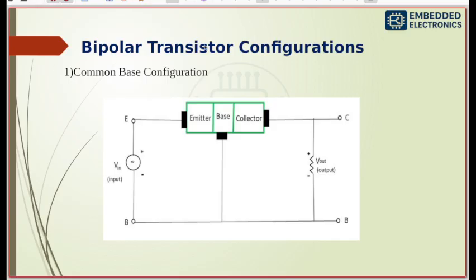And next is the bipolar transistor configuration, which is the common base configuration.